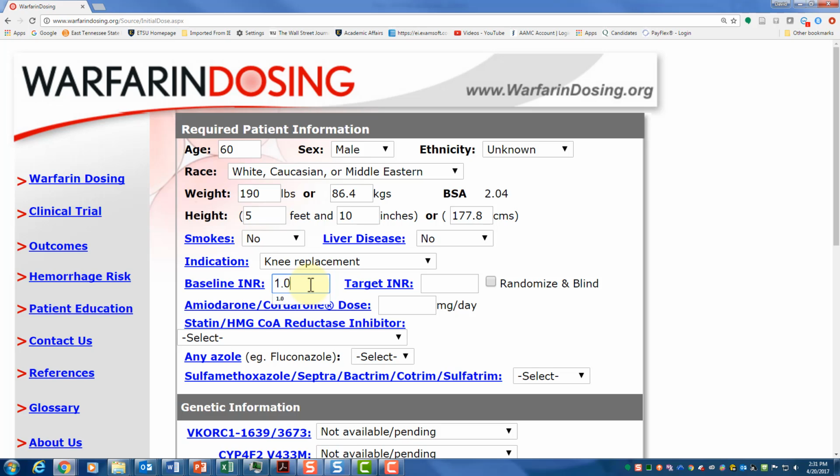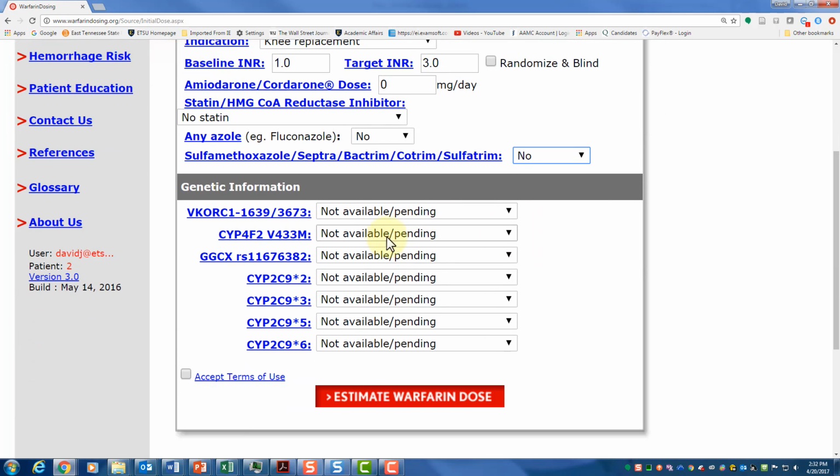We're going to have a starting dose. We'll estimate at 1.0. We might have a data. If we did that, we could add that. We're going to try to hit a 3 for anticoagulant. Other drugs, 0. So he's not taking any other drugs that may be metabolized by these same SNPs or the same cytochromes, so they don't interfere. And then we can go down to our various other.